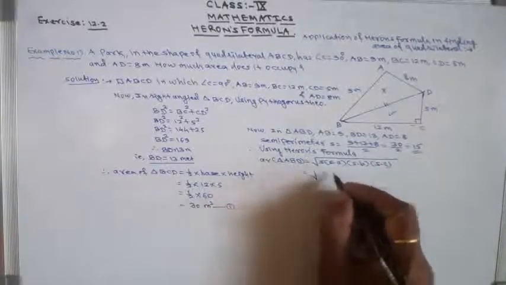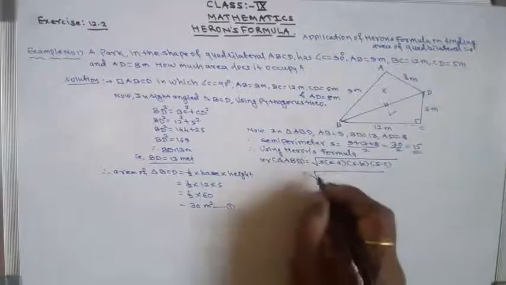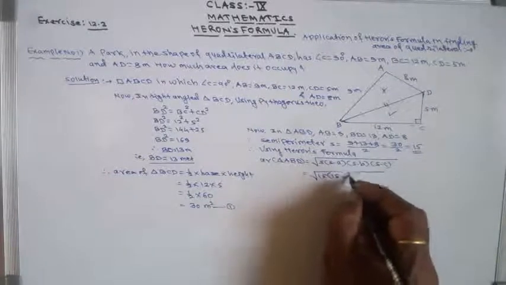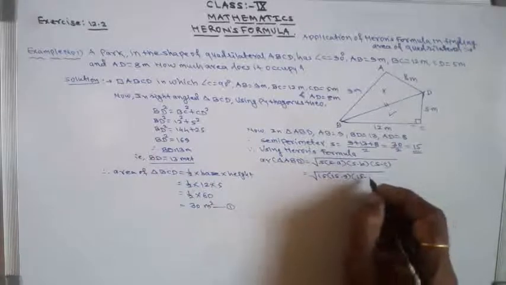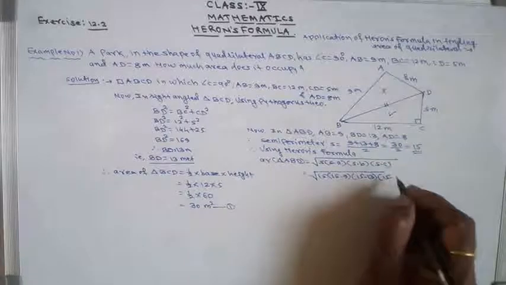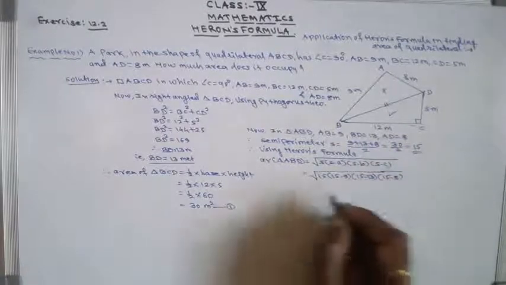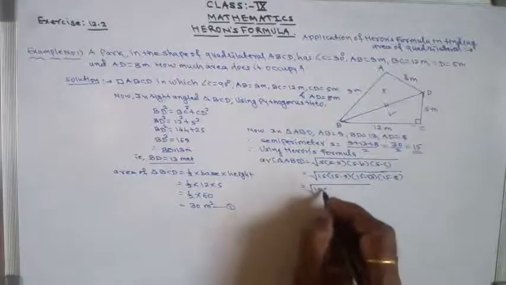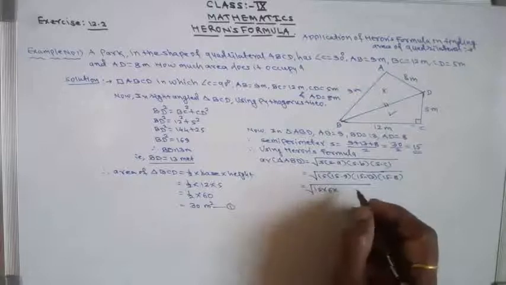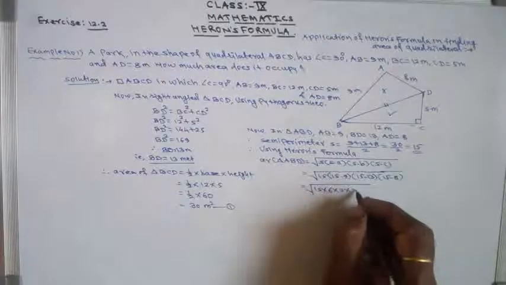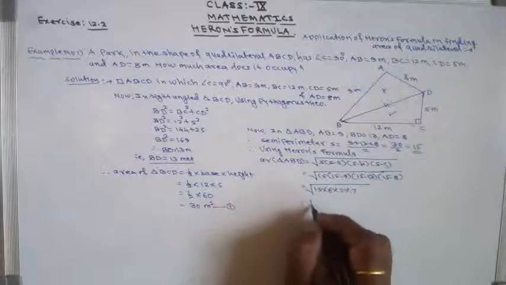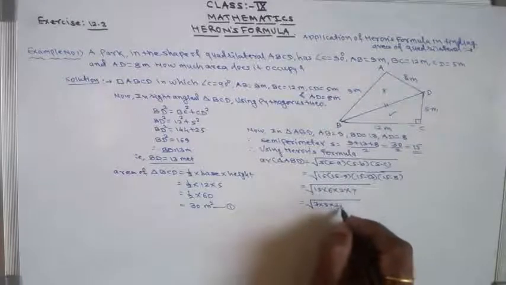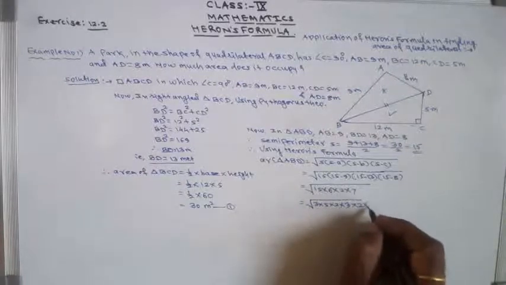So equals under root 15 into 15 minus 9, 15 minus 13, 15 minus 8. Therefore under root 15 into 6 into 2 into 7. So that is under root 3 into 5, which means 15, 6 means 2 into 3, into 2 into 7.